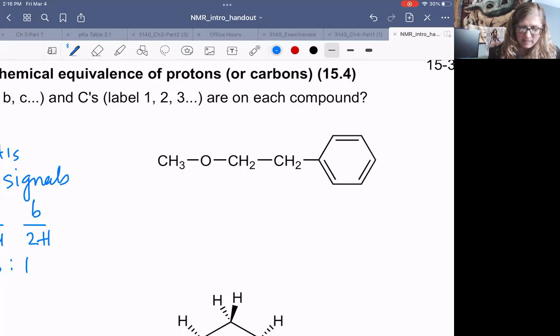Okay, so how about this CH3? This CH3, once again, all 3 protons, we can rotate around that and interchange those. So those will be type A, and there's 3 hydrogens of that kind.